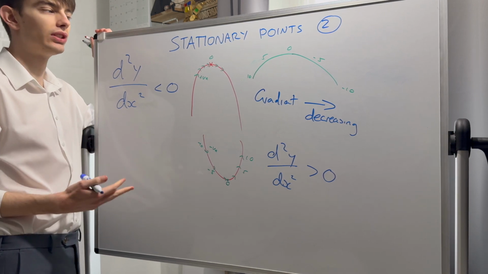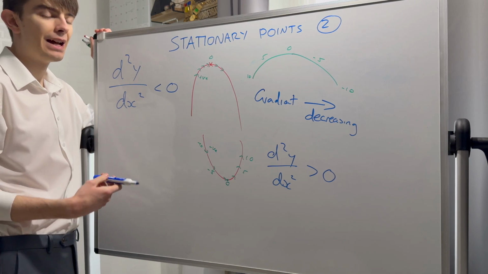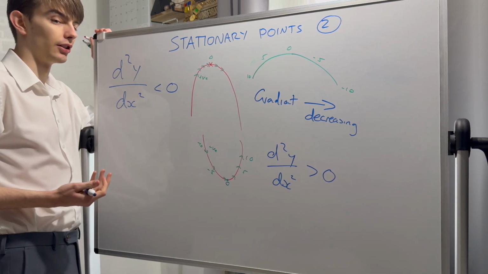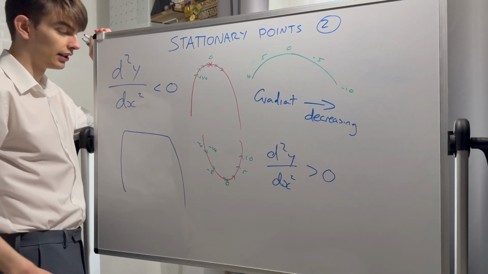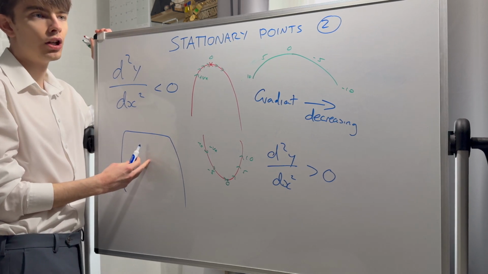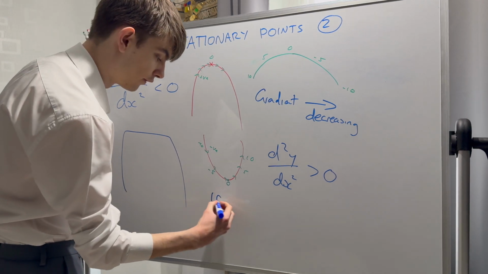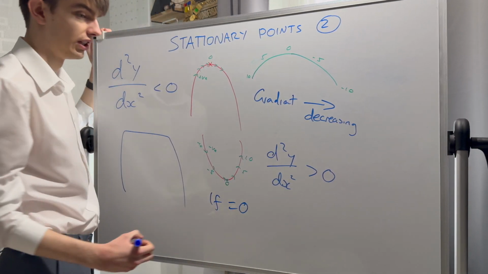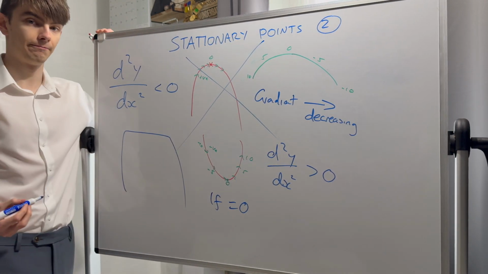Now, what if it equals 0? Well, if it equals 0, that means there's no change of gradient. But that doesn't really tell us much, because I could have something that looks like this. That's a maximum point, but it's got no change of gradient going on over here. So if it equals 0, then this whole method is no good, okay?